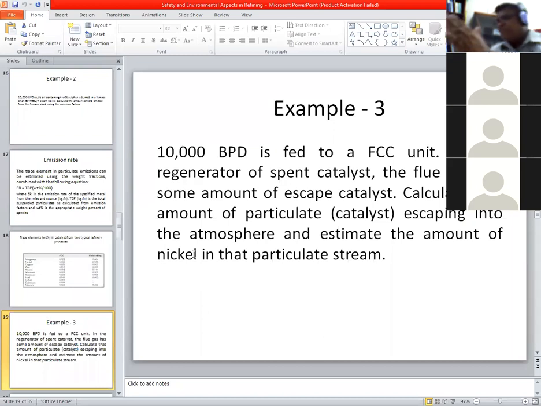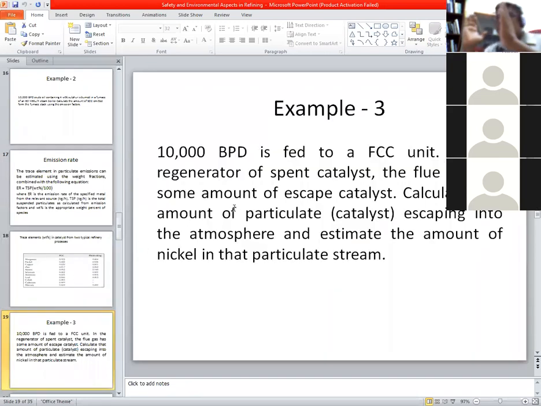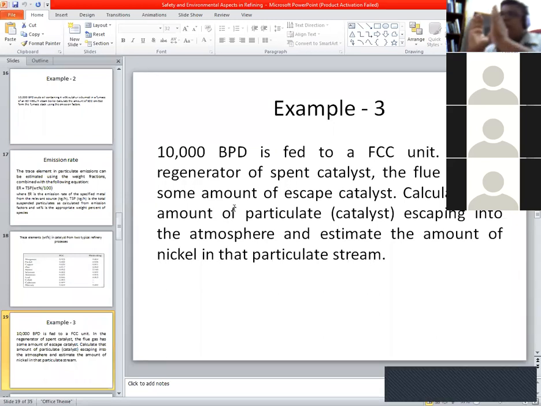I proceeded a bit fast, but I think I explained it to you. Please go through it for the exam. As I told you, for that you have to refer to this table. The values will be given. So the main thing, the first equation you have to remember, is that emission rate will be emission factor times flow rate. Then the emission factor, refer to that table, whatever it is. Then you proceed with this calculation. Since I cannot show you here on the board, I explain it to you.